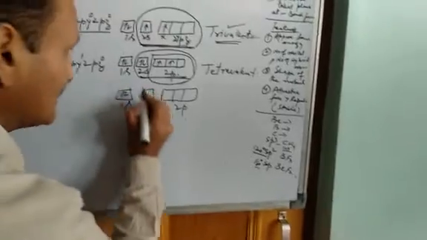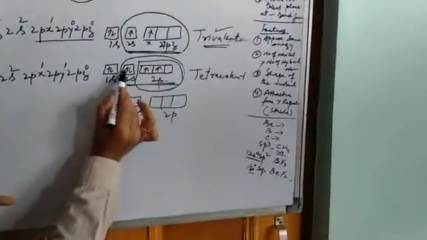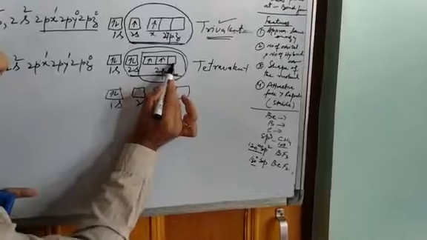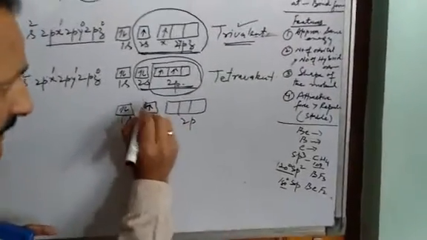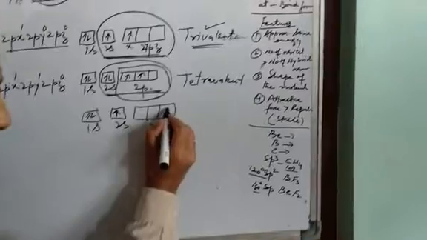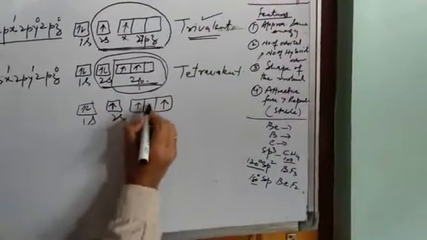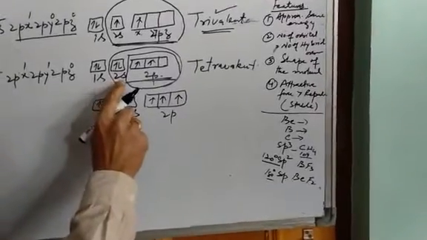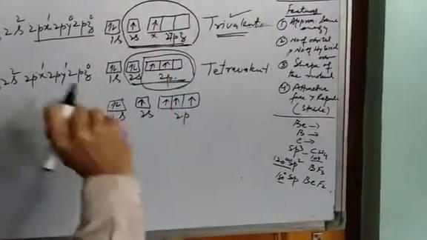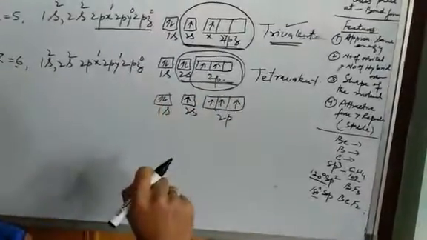One electron from the 2s orbital is promoted to the 2pz orbital, and the rest remain the same.